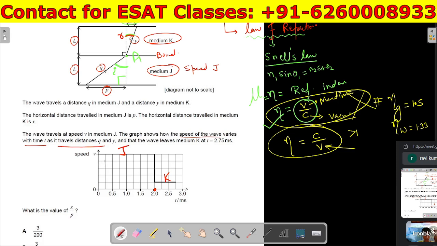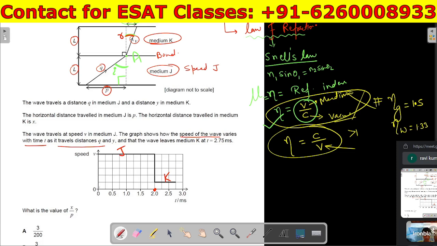So basically this much, not this much. Yes, this much. The area of the speed-time graph gives us the distance. Are you getting my point? Yes, sir. Okay, so this is for the medium j.